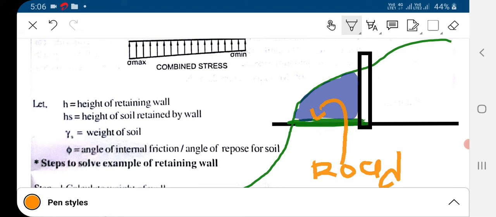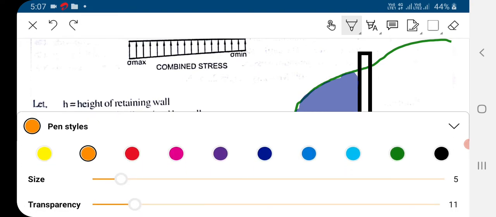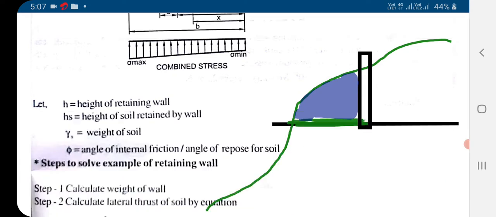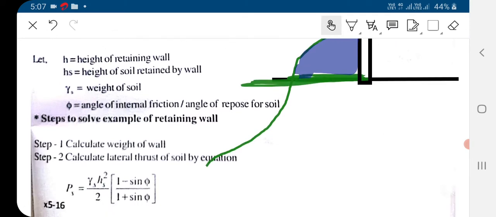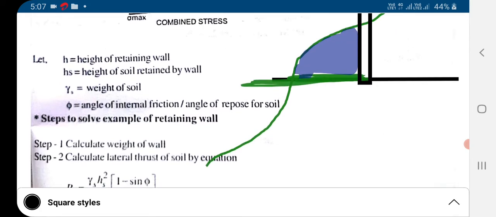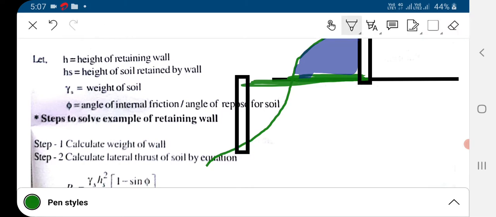So if the width of road is large, like that, then what we need to do, we have to construct another retaining wall over here, and we have to dump some soil over here.